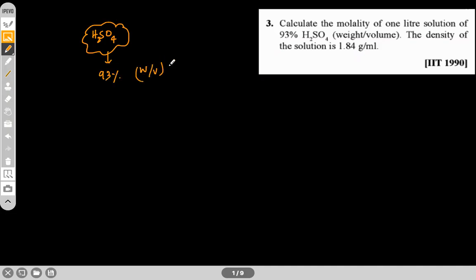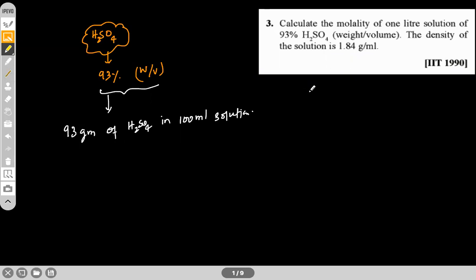What do you mean by this 93% weight by volume? This means we have 93 gram of H2SO4 in 100 ml solution. This is what it means. 93 gram H2SO4 in 100 ml solution.